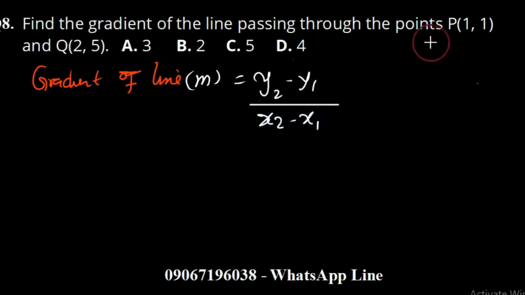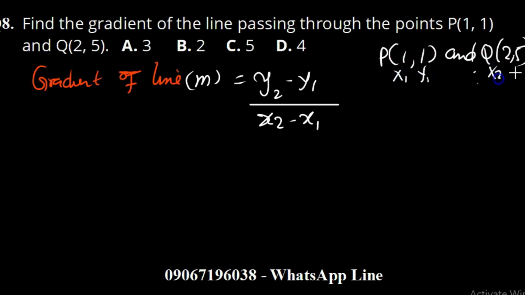So we solve that. Consider the points P(1, 1) and Q(2, 5). So this is x1, this is y1, this is x2, this is y2. If we do that, we have m equal to y2 which is 5 minus y1 which is 1, divided by x2 which is 2 minus x1 which is 1.